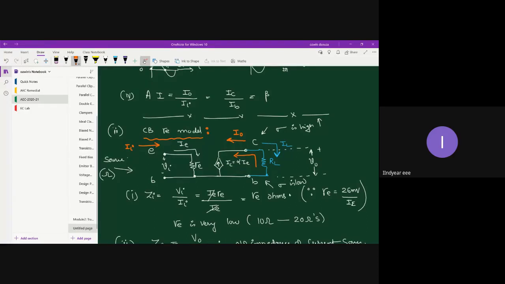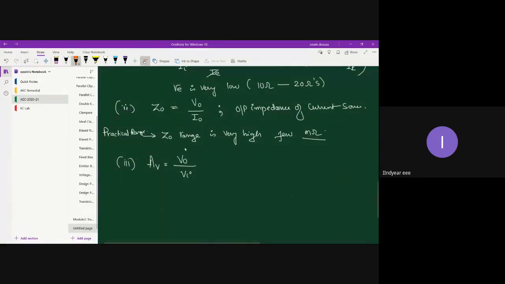That's the reason your output voltage will appear in flipped manner. So V0 can be given as minus I0 into RL. Okay, minus I0 into RL.